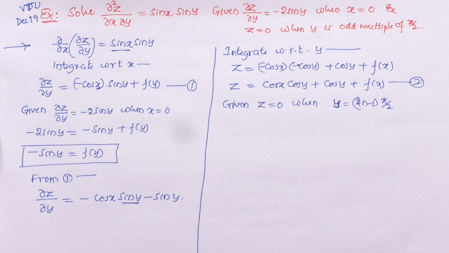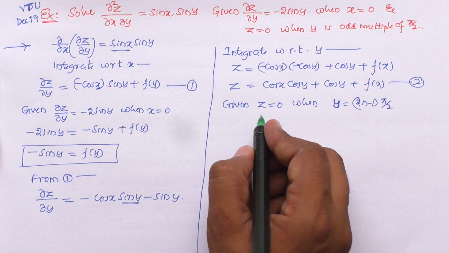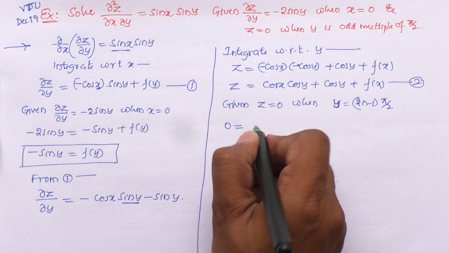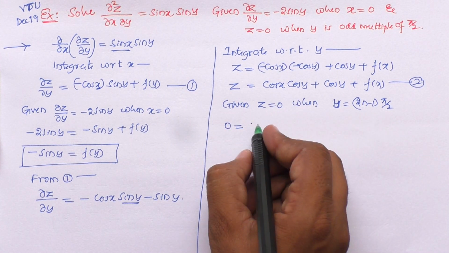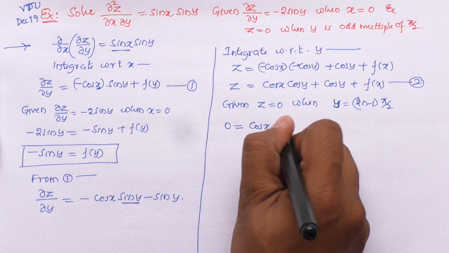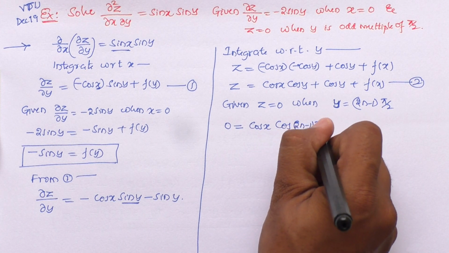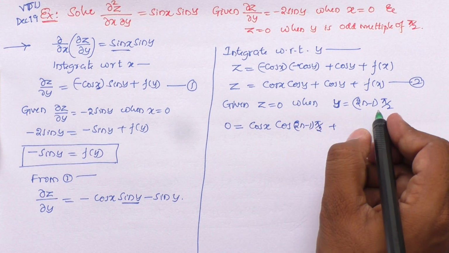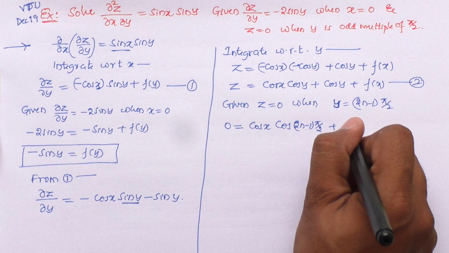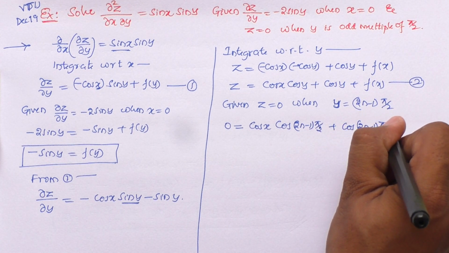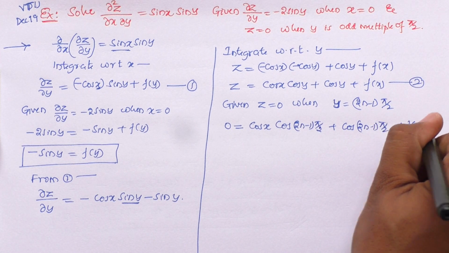So now substitute z equal to 0 here: cos x times cos of (2n minus 1) pi by 2, plus cos of (2n minus 1) pi by 2, plus f of x.